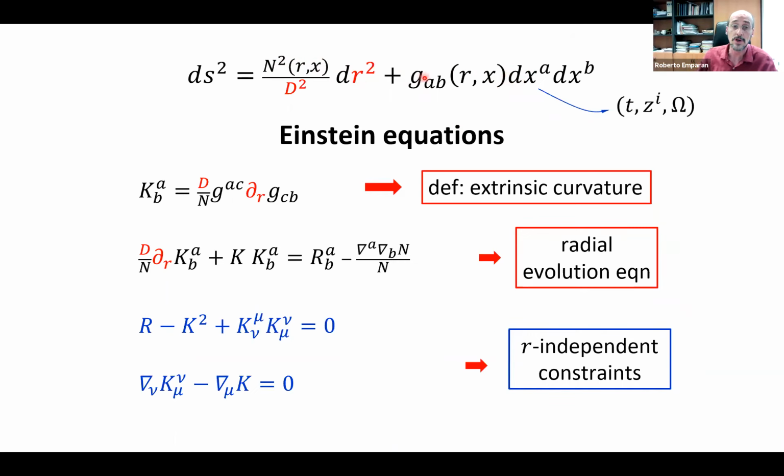So when you write a metric like this, you can take the Einstein equations and do a d plus 1 decomposition of them, where these are the directions transverse to this. You have here things that have the derivatives of R. The extrinsic curvature of the metric in the R direction is one of them, and then you also have this radial evolution equation. Then you have other equations which you can think of as independent constraints in the R direction.